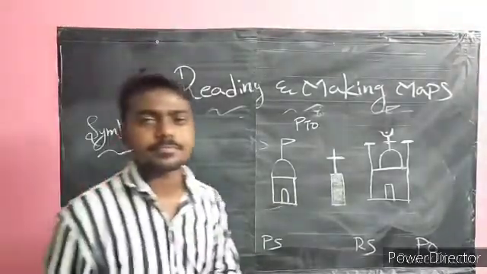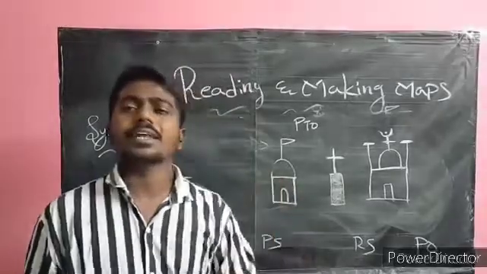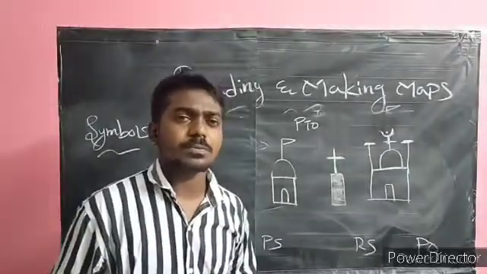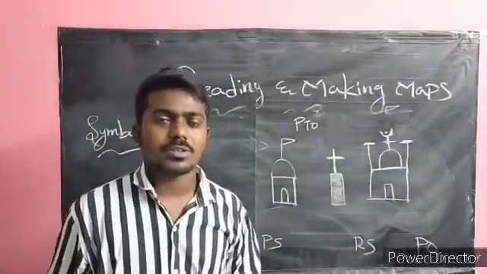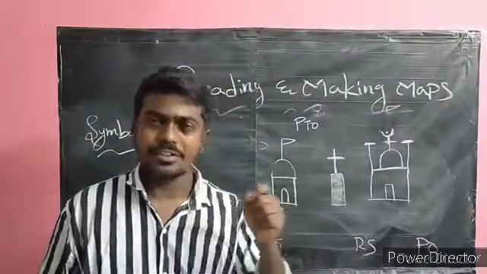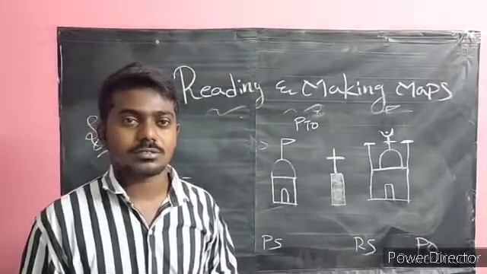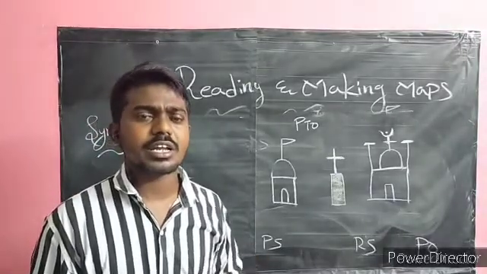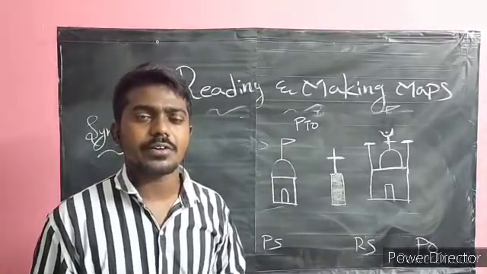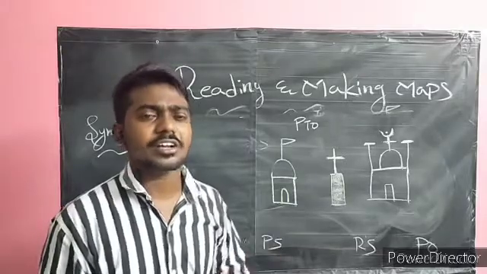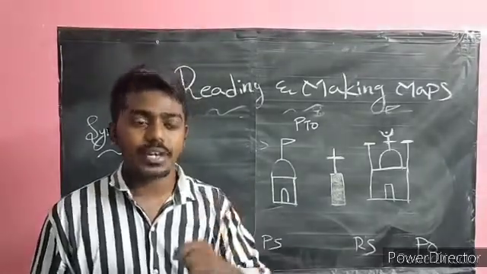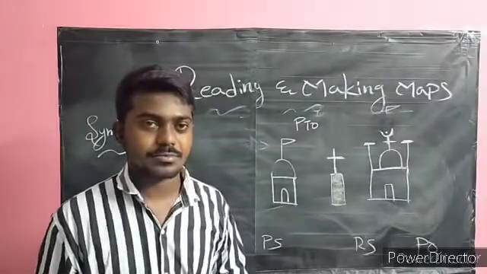You know already, the map which Malika prepared, the sketch map of Venkatapuram, does not show the symbols. The symbols are essential in our maps. Symbols are drawn according to our needs.